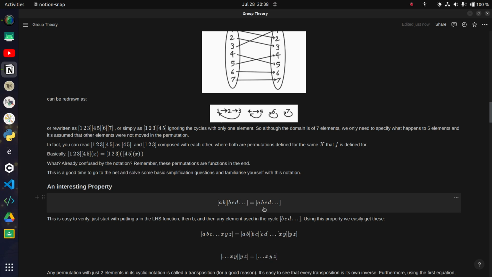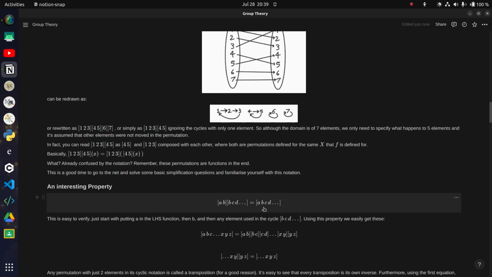The smallest number of elements in a cycle is going to be 2. Of course it can also be 1, but then you don't write the cycle because it's not doing anything. These small cycles have a name: they are called transpositions, because they transpose elements. A gets switched with B and B gets switched with A. That's not happening with cycles of bigger size; they're not switching, they're cycling. Here it's a switch.